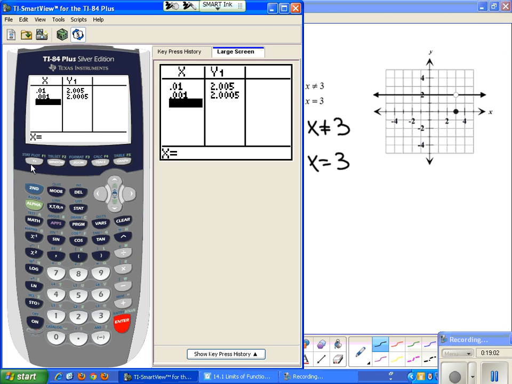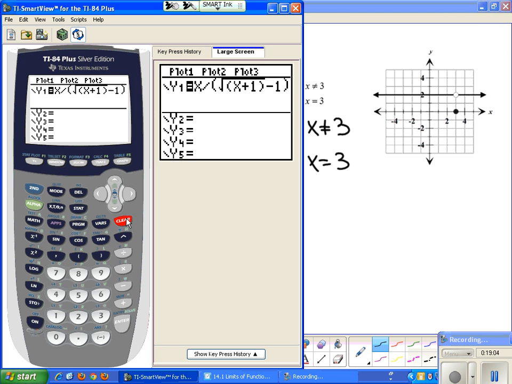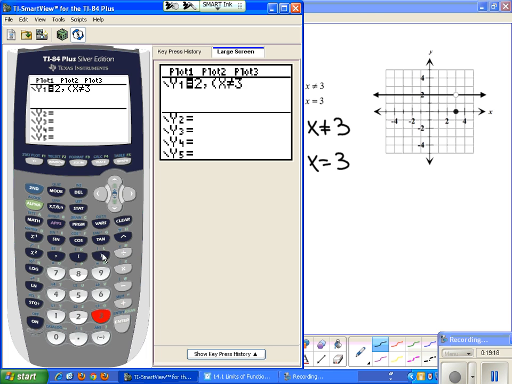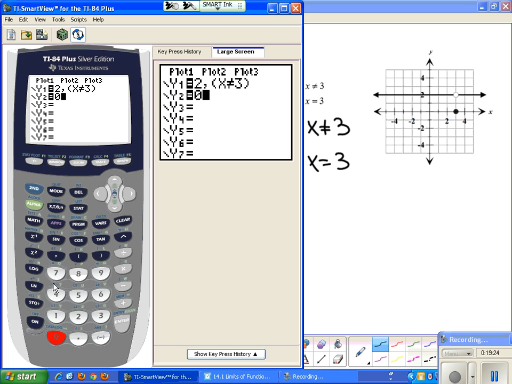So in our graphing calculator, if you go to your y equals, we would have 2 and then hit the comma, and then if you put parentheses, remember we can do x and then go to second math. And then we have these symbols, so number 2 not equal to 3, because this is a piecewise defined function. We showed this earlier in the year. And at 0, we want only for an x value of 3.